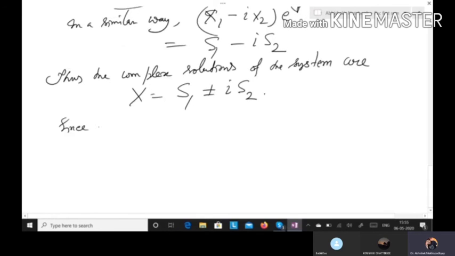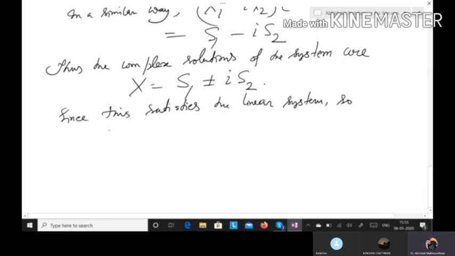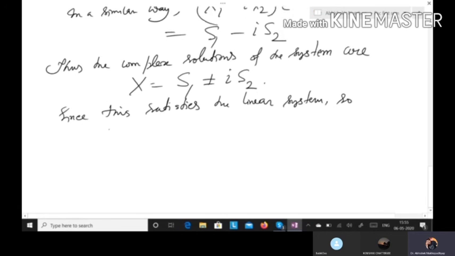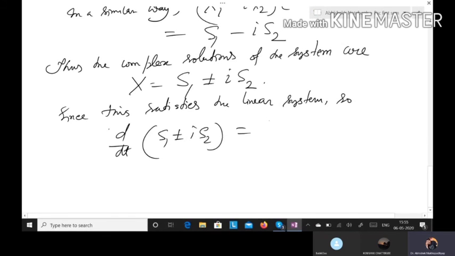Since this satisfies the system, a linear system, d/dt of these solutions must be A(s1 plus minus i s2).